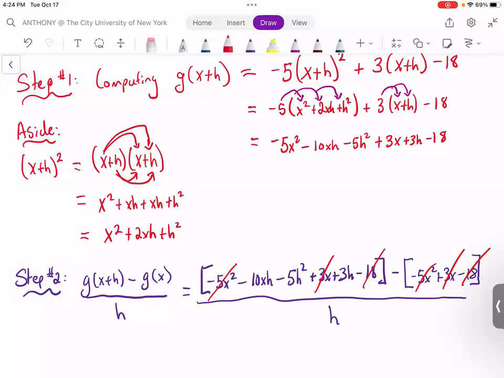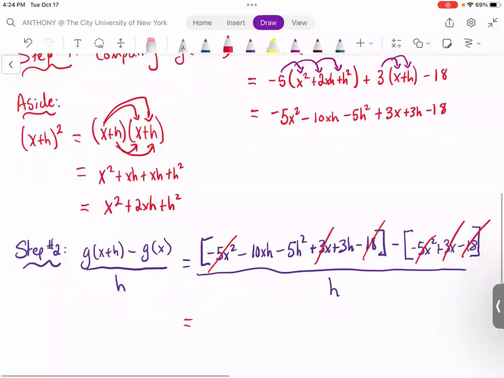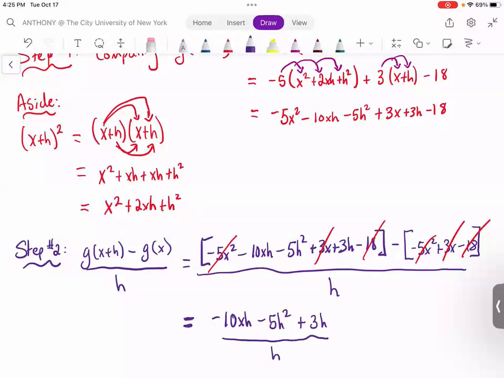The only terms that are going to be remaining are terms that include an h. So this will give us, careful, negative 10xh, negative 5h squared. No, you forgot one other term, plus 3h. Plus 3h all divided by an h.